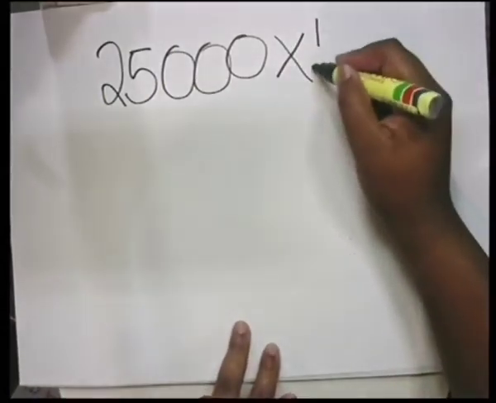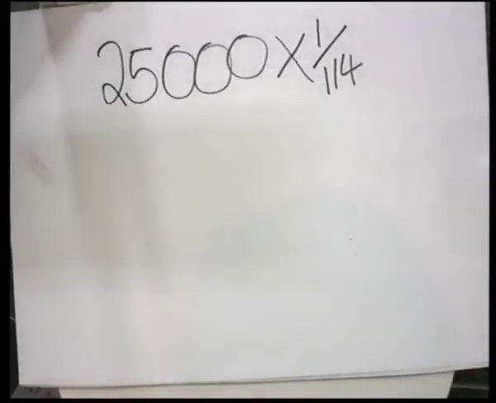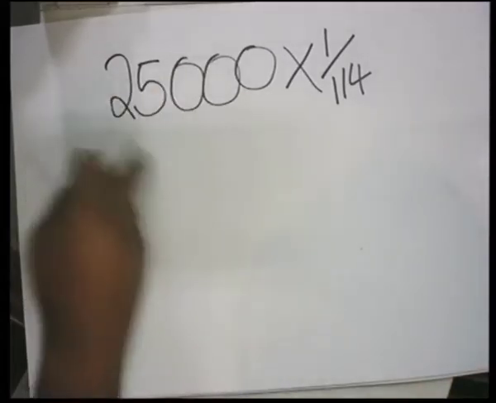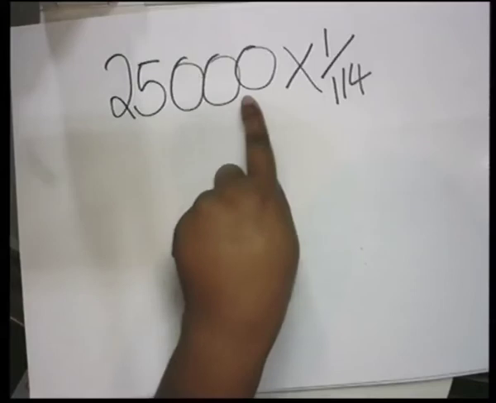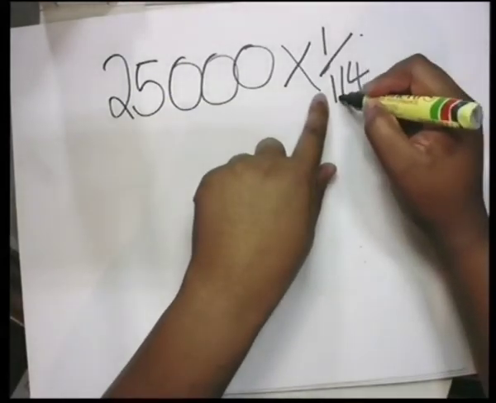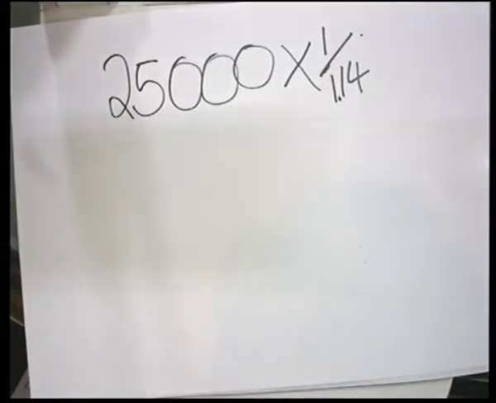times 1 divided by 1.14. So now, because this is VAT inclusive, you will say it's 25,000 times 1 divided by 1.14. Do you see the difference now?